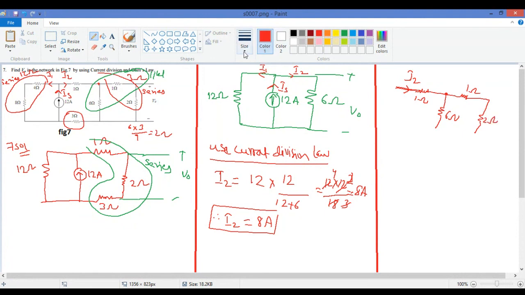Now you see, again this current is getting divided into 2. So I will call them I3 and I4, for example. Now I want to find out I4. So how do you find out I4? Again current division law.